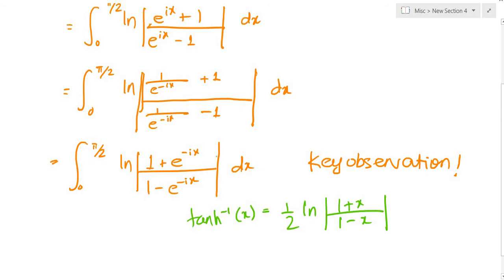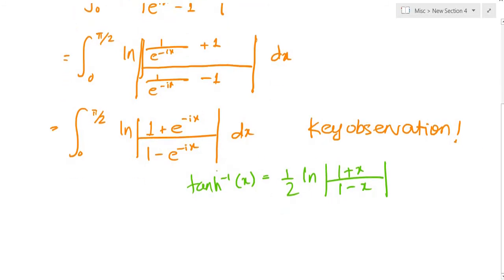And looking at the form of the natural log over here, we have 1 plus a variable divided by 1 minus the same variable. So we can actually convert this into one of these forms, and you'll see why we are converting it into this form, because it gets really, really easy to evaluate after a point of time.